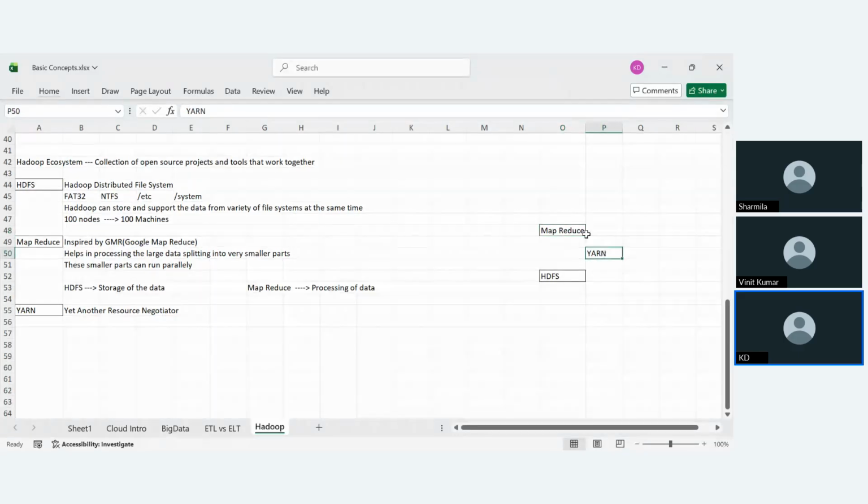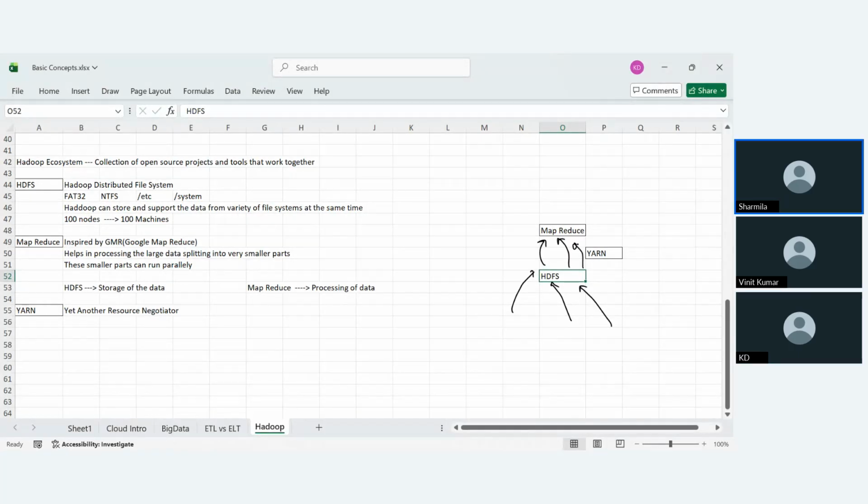So YARN ensures that as soon as any of these resources gets free, and if any other requests are coming from any sources, those resources are available as soon as they are free from MapReduce. Because on this HDFS, a lot of requests might be coming. One request has come, then a second request, then a third request. These requests are being processed via MapReduce.